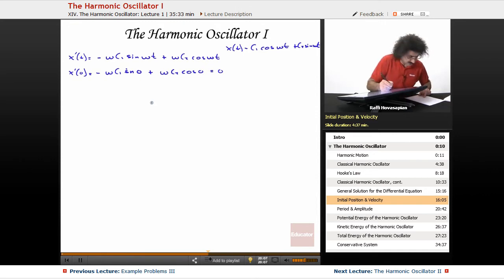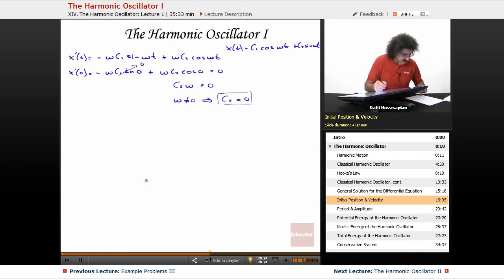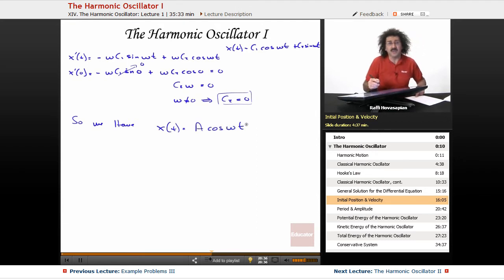And we said that that actually equals 0. Well, this is 0. This becomes c2 omega equals 0. Well, omega is not equal to 0, which means that c2 equals 0. So now we went ahead and found c2. So we have x of t equals A times the cosine of omega t. We found a specific solution under the circumstance of me pulling it and letting it go.